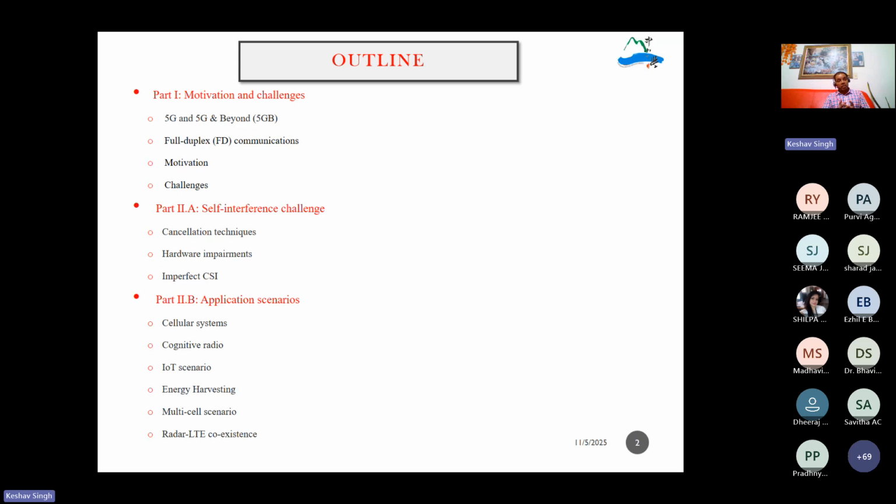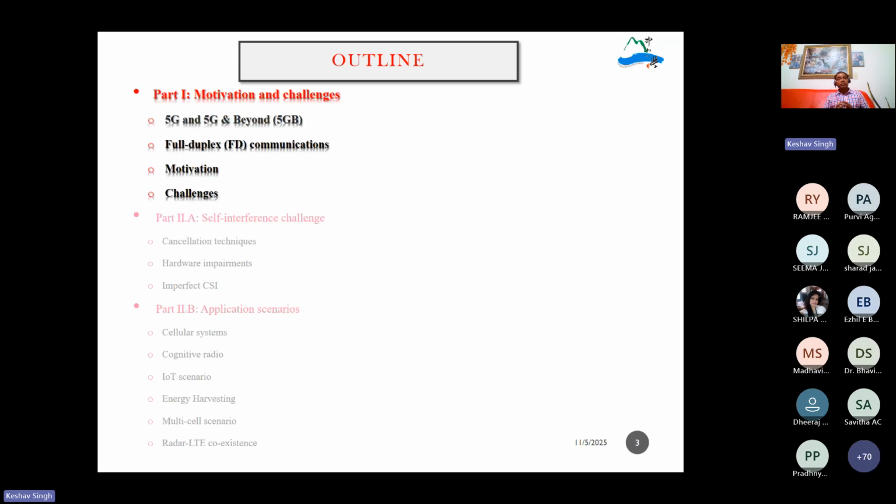For example, the base station can operate in full duplex mode, and in that case we can call it a dual functional base station. Using the same resources, the full duplex base station can detect the target as well as serve the users. These are various applications we will see one by one.